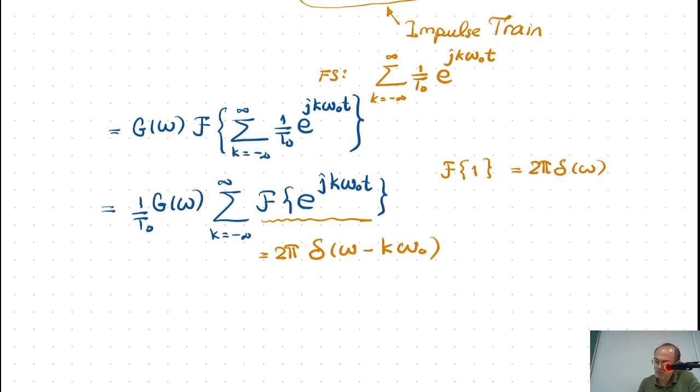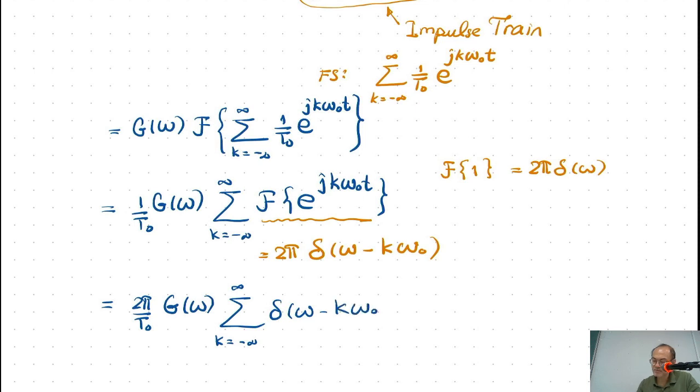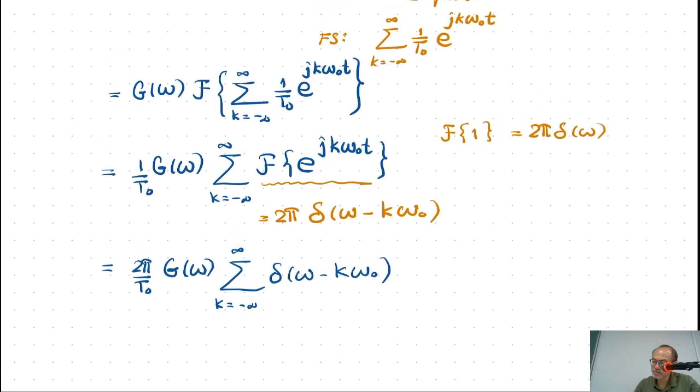And so we have 2 pi over t0 g of omega and summation from k equal to minus infinity to infinity delta omega minus k omega 0. And we realize, of course, that 2 pi over t0 is just omega 0.